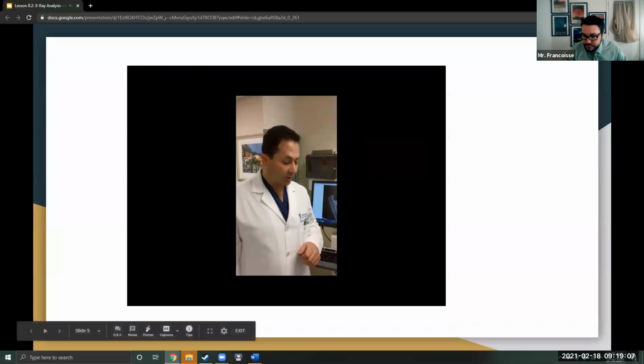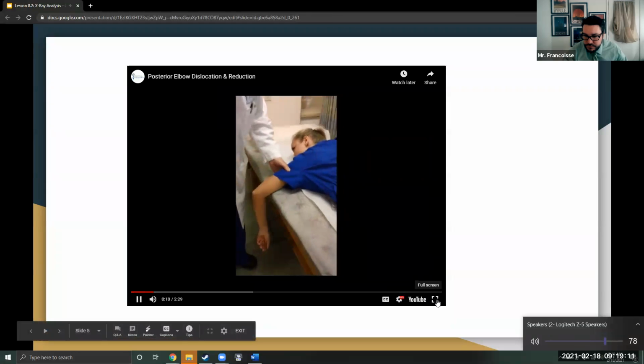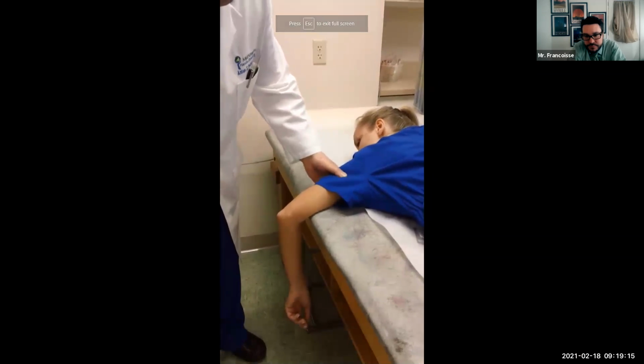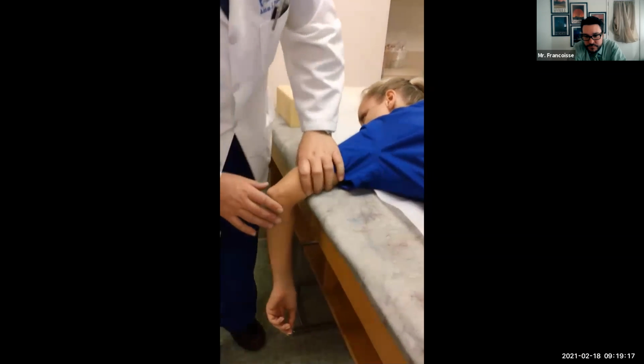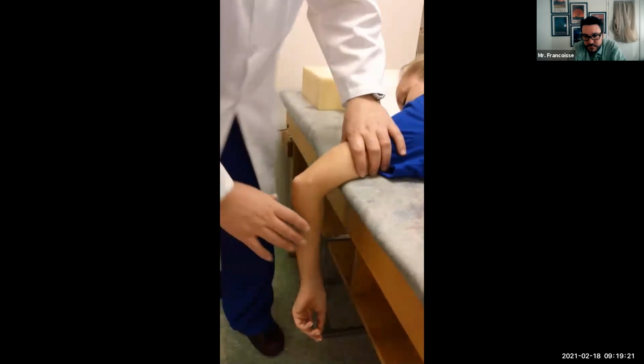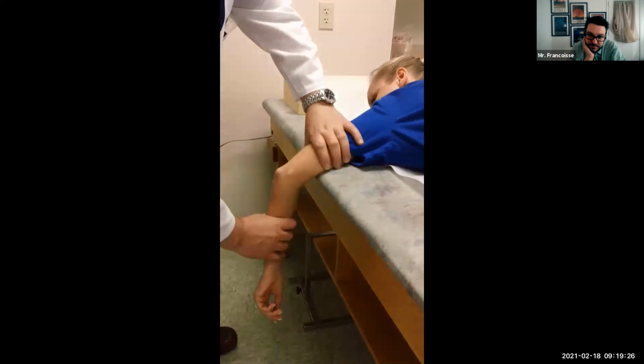Hi, this is Dr. Anton Foukouri and Dr. Dan Gromis to demonstrate reduction technique in posterior elbow dislocation. One technique is having the patient in prone position. Dr. Gromis will demonstrate where the patient can be in a supine position. What we're doing here is reducing the elbow by pulling down while the gurney acts as countertraction.